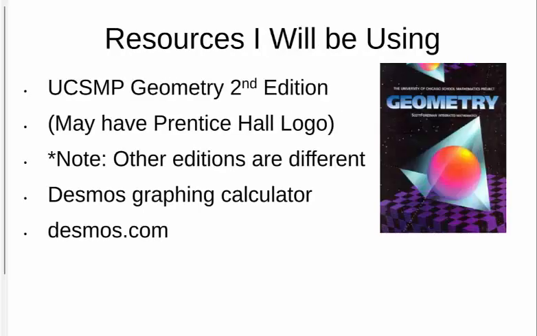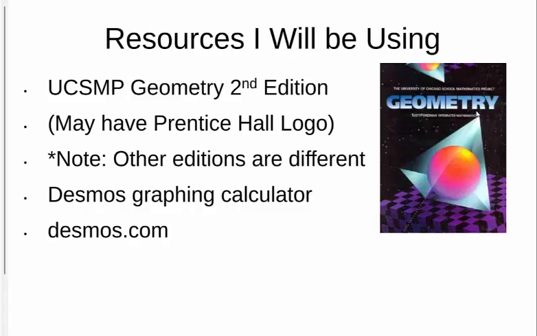So the resources I will be using are UCSMP Geometry 2nd Edition, University of Chicago School Mathematics Project. The book looks like this over here. It may have a little logo that says Prentice Hall, or it may say Scott Foresman. Either way, it's the same book, just a different printing of it. But it should look like this with this picture.